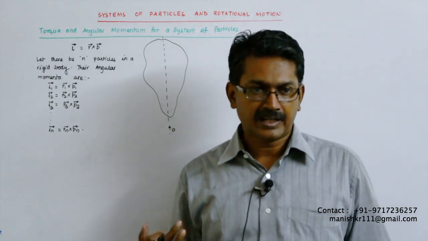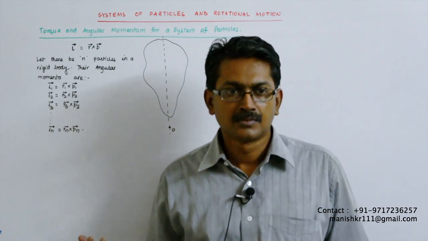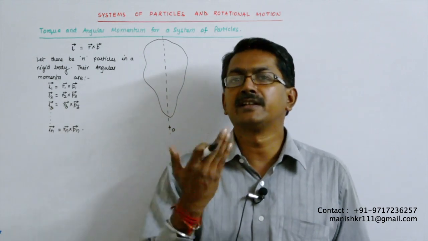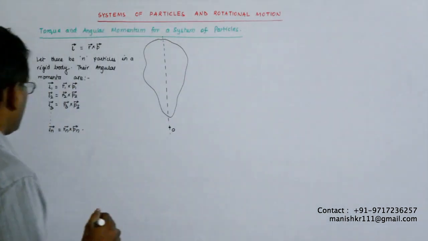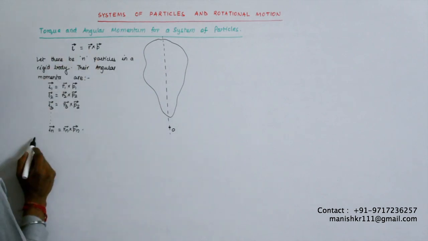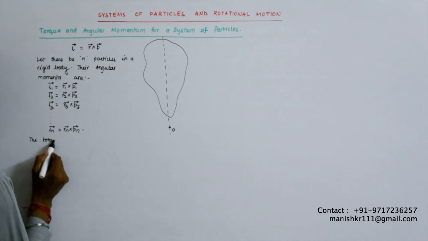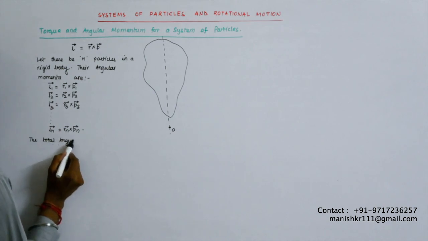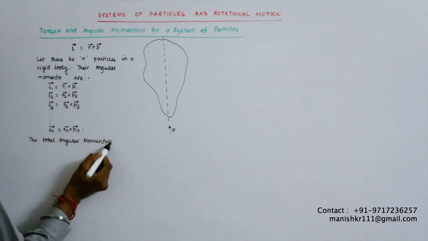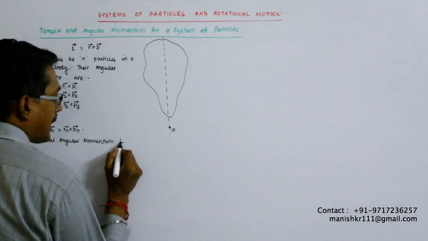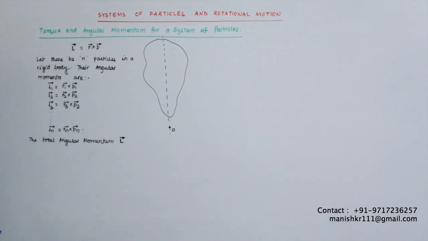So obviously, if I want to find the total angular momentum, it will be the sum of the individual momenta. The total angular momentum is always expressed in capital L, to distinguish it from individual particles.